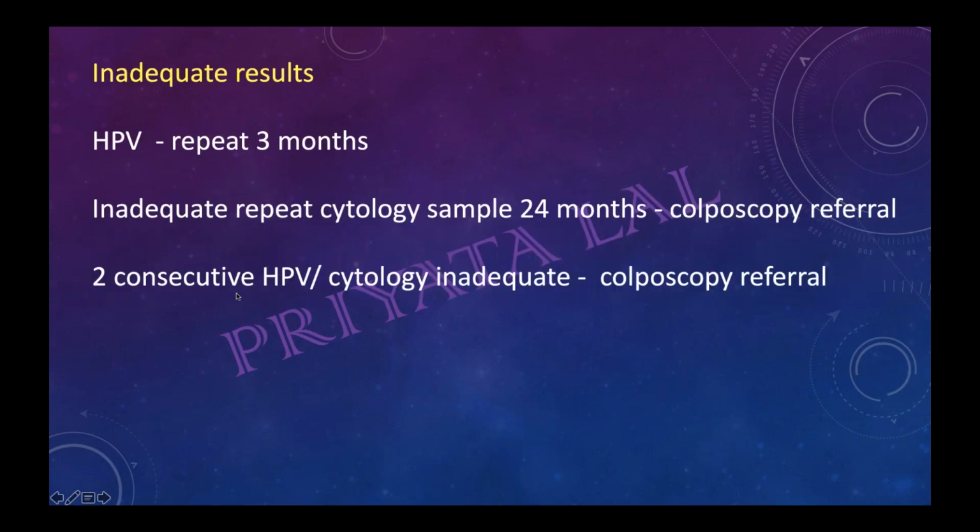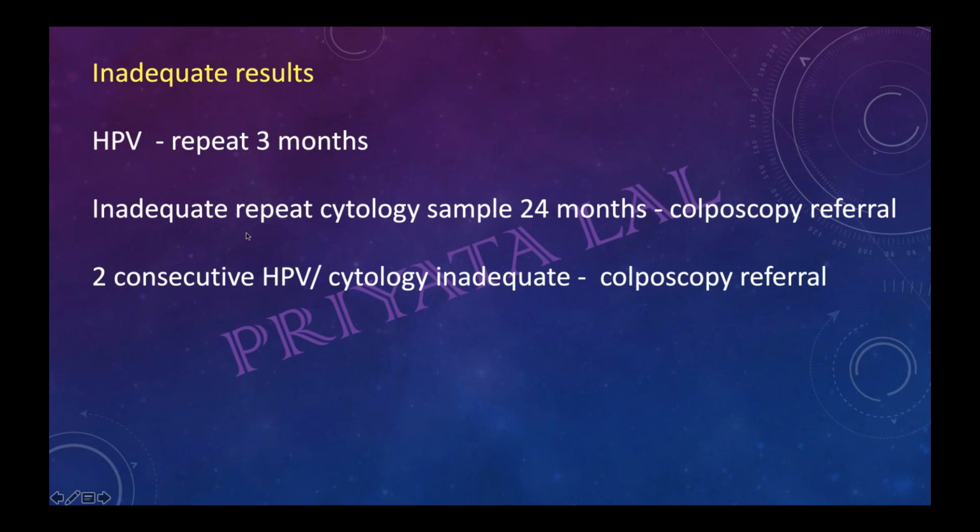Then this part you already know from your old guideline also. This much they have said in the new guideline about inadequate results. Anytime you do HPV testing, if it is an inadequate result, then in that situation you have to repeat HPV after 3 months. It is the same in the old guideline also.